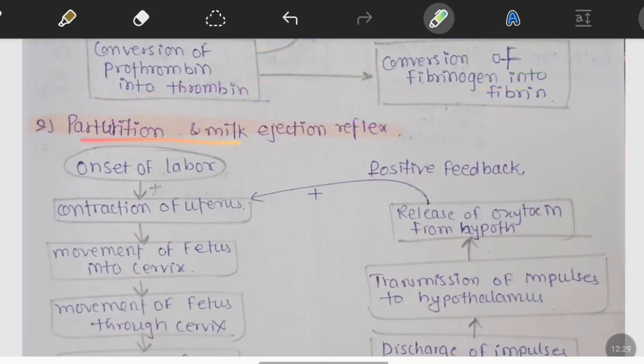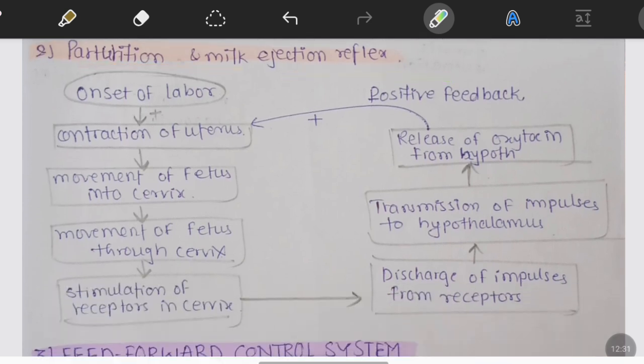The second is parturition and the milk ejection reflex. At the onset of labor, there is a contraction of the uterus and movement of the fetus into the cervix, which leads to movement of the fetus through the cervix, and then stimulation of receptors of the cervix that discharge impulses, and transmission of the impulse to the hypothalamus.